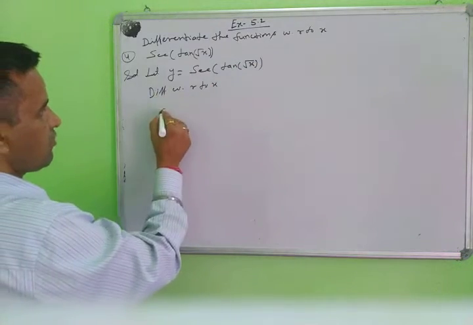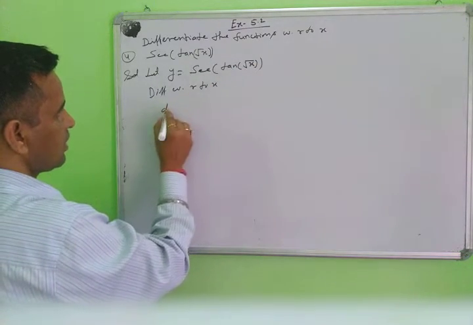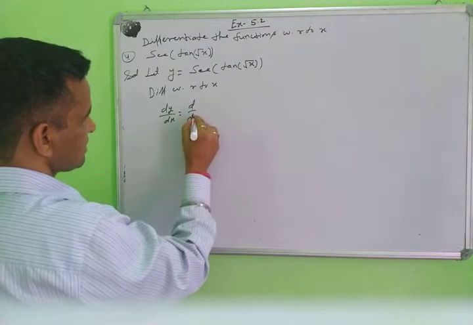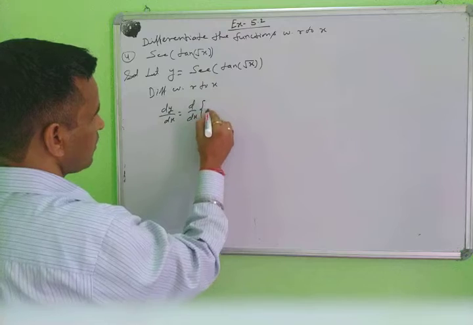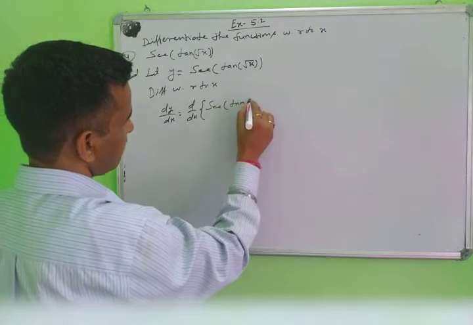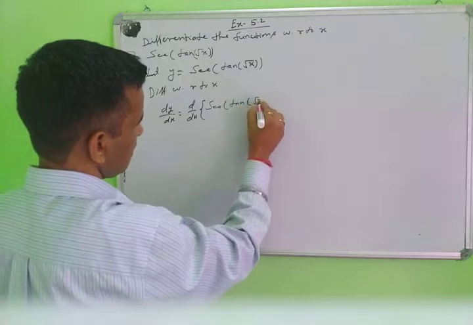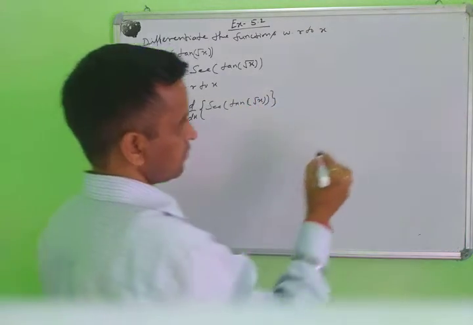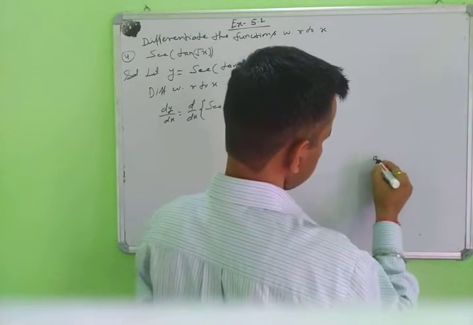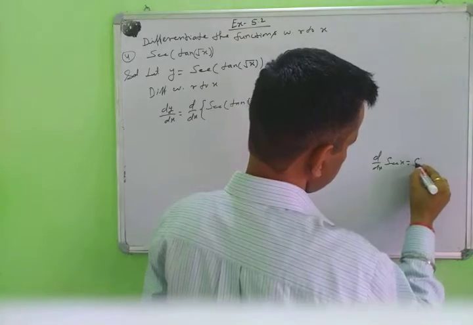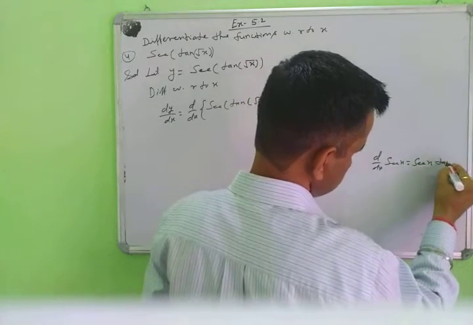First, dy over dx, so d over dx of sec tan root x. First, what is the identity of sec? d over dx sec x is sec x tan x.